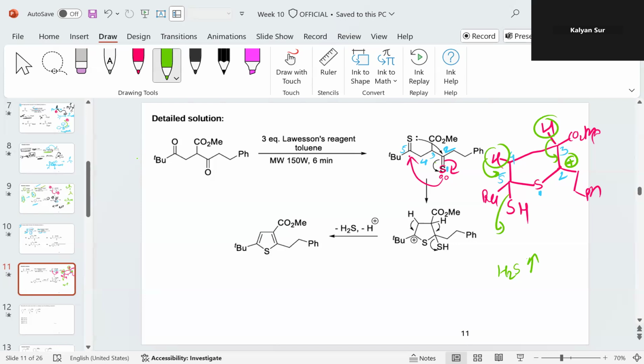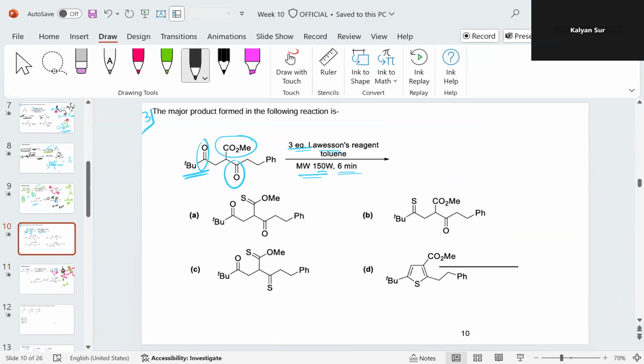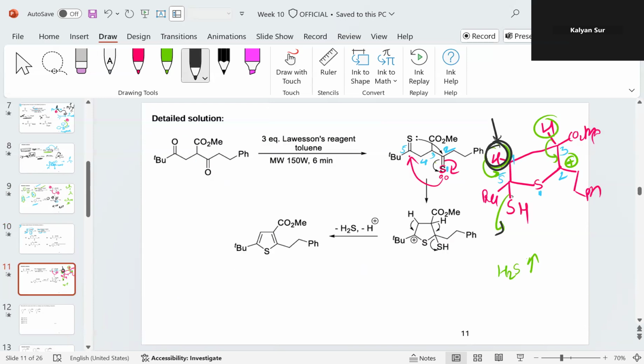So in both cases, the products are the same. However, if you look at the second mechanism, there is not such a driving force to eliminate the proton attached on the number 4 carbon atom. There must be such a driving force for the elimination, the SH elimination, as in the earlier mechanism. So this was the earlier mechanism. The SH elimination takes place in the earlier mechanism, where the proton was from the side of the ester.